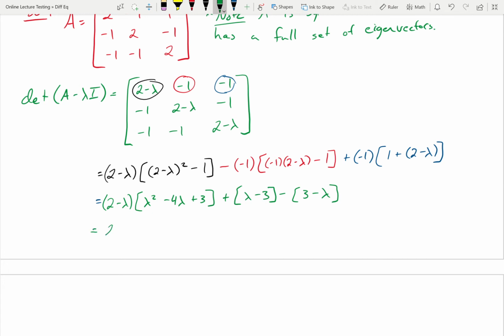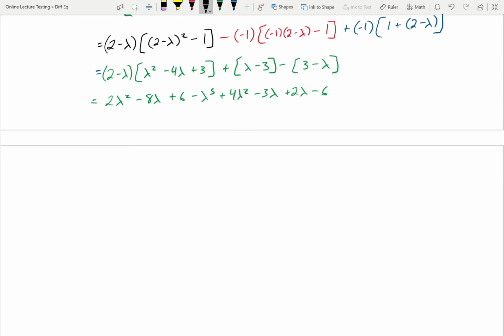We're going to get 2 lambda squared minus 8 lambda plus 6 minus lambda cubed plus 4 lambda squared minus 3 lambda. And then notice here that we're going to get plus 2 lambda minus 6.